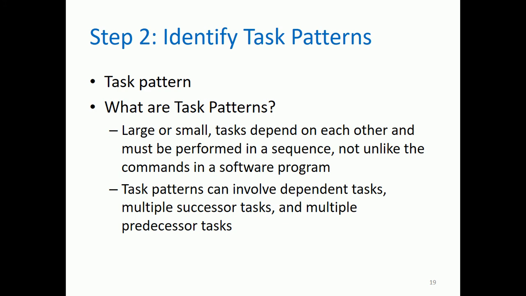For example, task D. Task D will not start if task A, B, and C is not finished all at the same time. So that is the multiple predecessor task. So for you to visualize it more, we have an example of a CPM so that you can truly understand what I am saying with regards to the tasks.